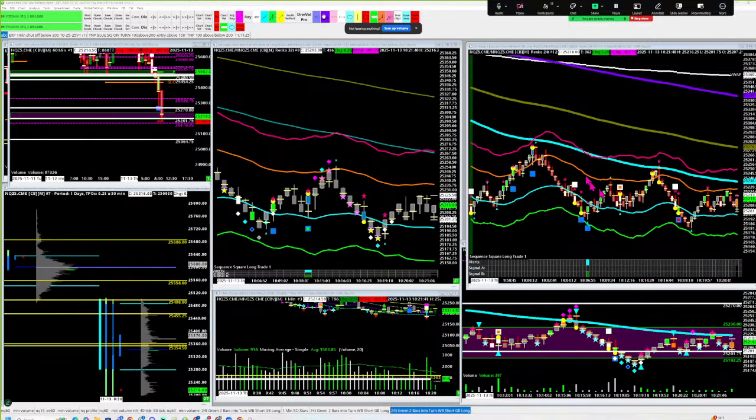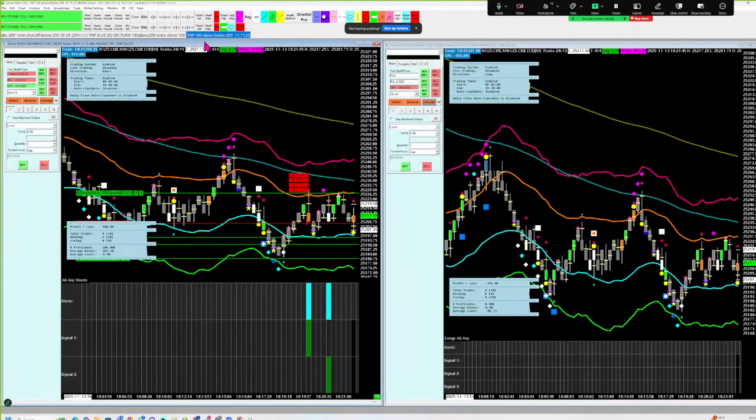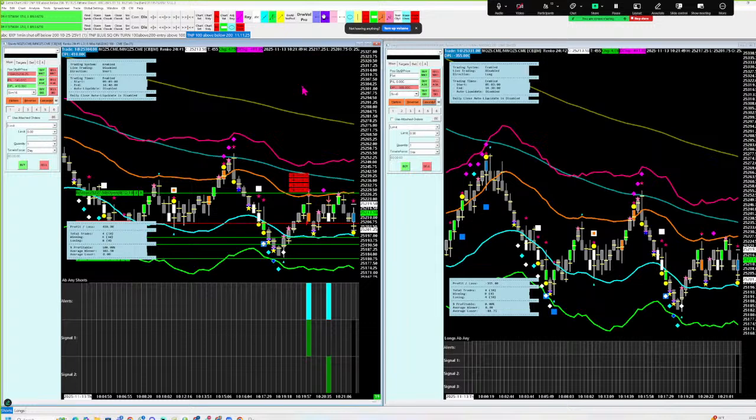We got it off a little bit. It was supposed to execute when both were underneath. It was an accident, but when we went back and backtested it, it executes better this way.